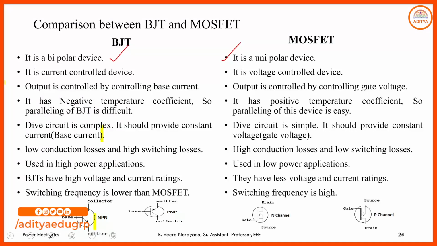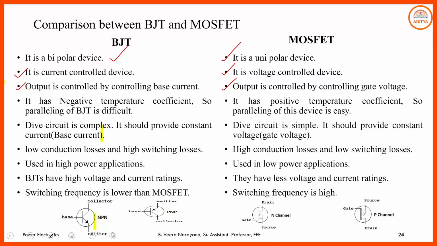BJT is a current controlled device, whereas MOSFET is a voltage controlled device. Here the output is controlled by controlling the base current for common emitter configuration, whereas in MOSFET the output is controlled by the voltage across gate and source terminals, simply considered as the gate voltage.